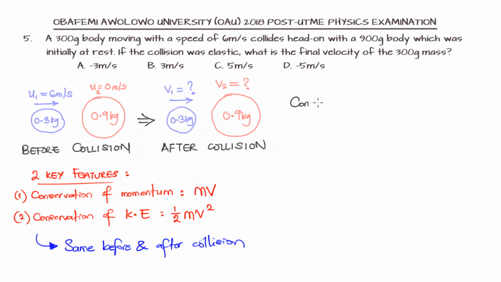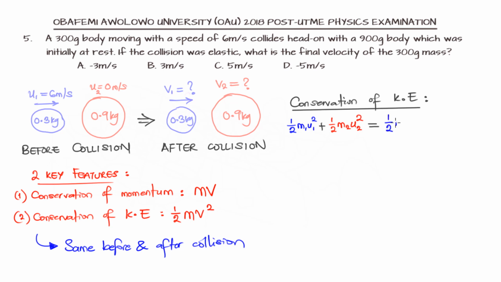Now, moving forward, looking at the conservation of kinetic energy, half m v squared. Before collision, we are going to have half m1 u1 raised to power 2, plus, for the second body, half m2 u2 raised to power 2. The same is going to be the value after collision.